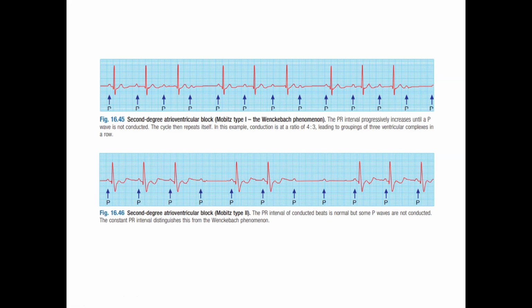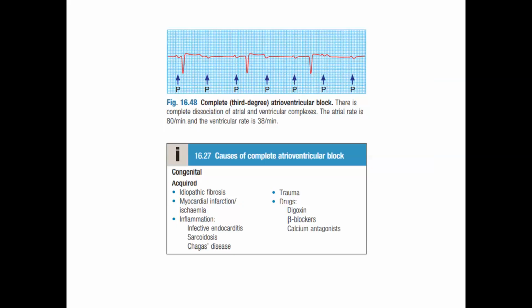In Mobitz type 1 or Wenckebach phenomenon, there is progressive prolongation of the PR interval, and then a P wave is not conducted. But in Mobitz type 2, P waves are conducted, and somewhere a P wave is not conducted. It is known as Mobitz type 2. Mobitz type 1 is also known as Wenckebach phenomenon.